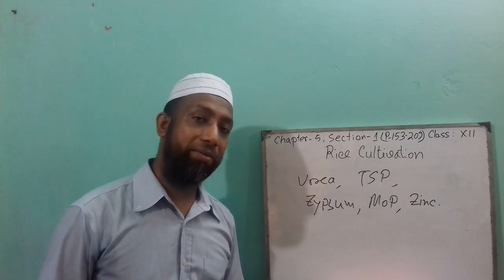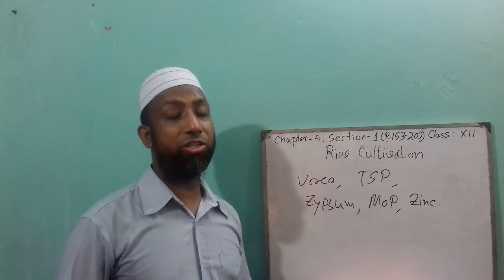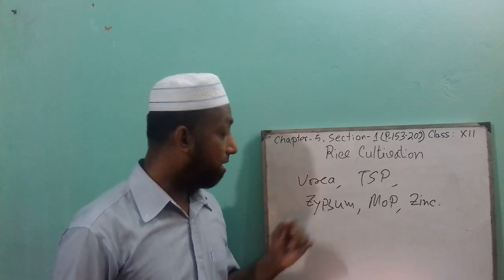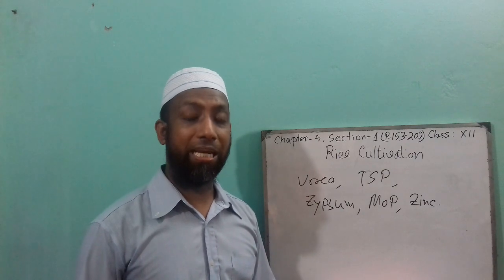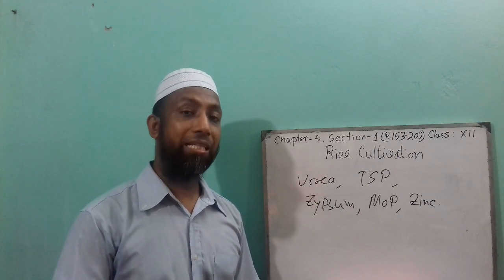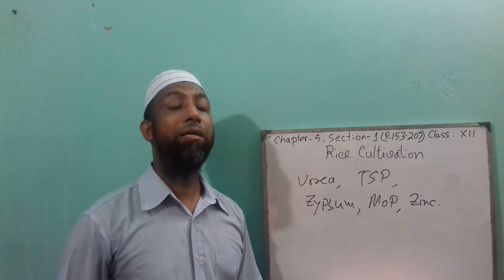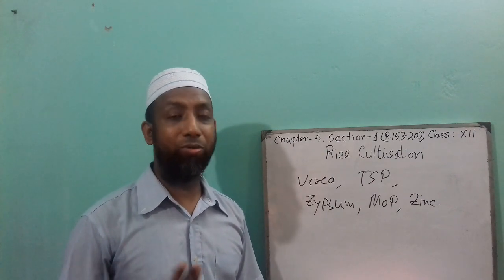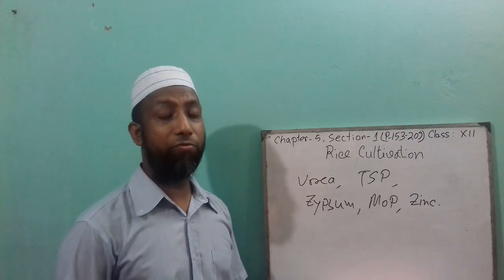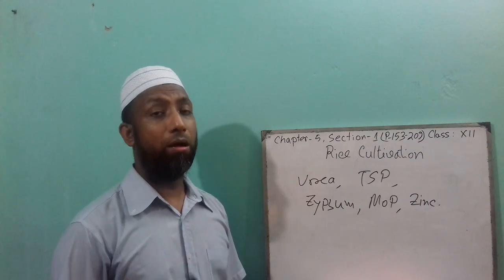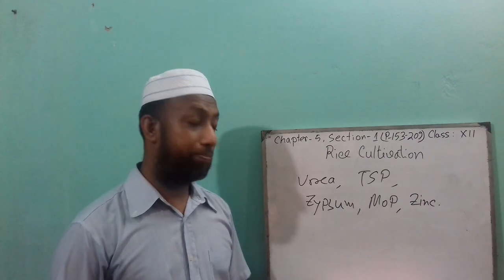But in our country, farmers do not check the field soil properly. That is the main problem. They overdose the fertilizer, then it becomes toxic to the soil and hampers the soil as well. So before you apply it, you have to check the soil.